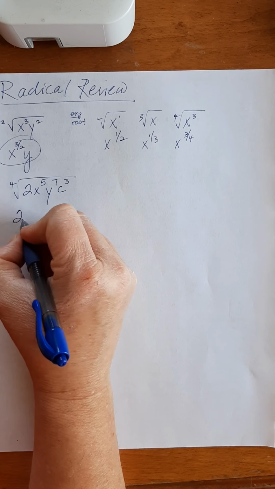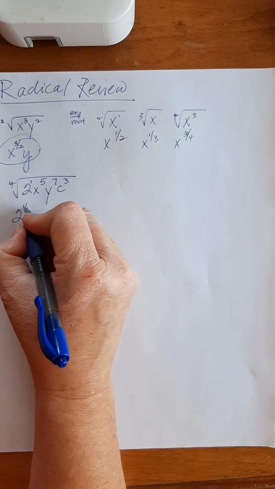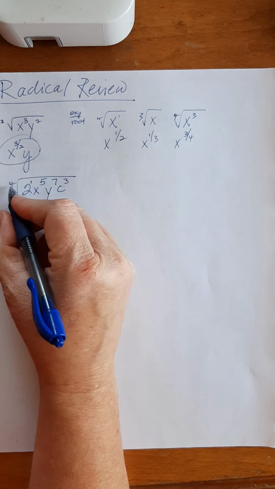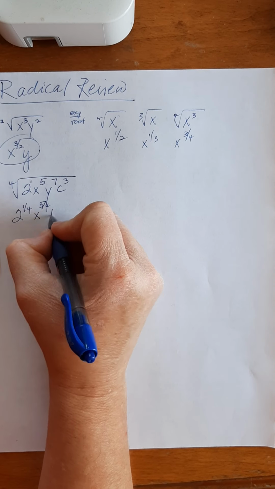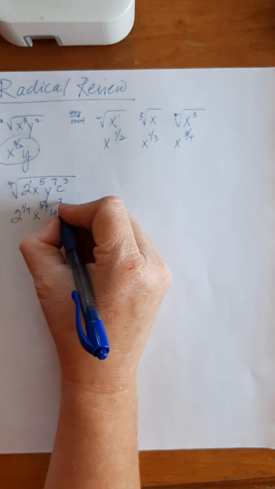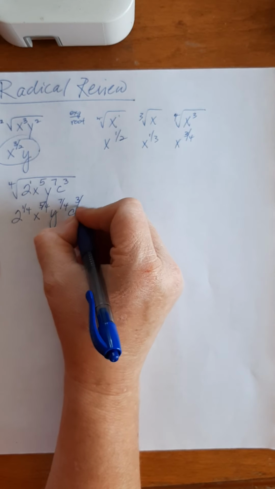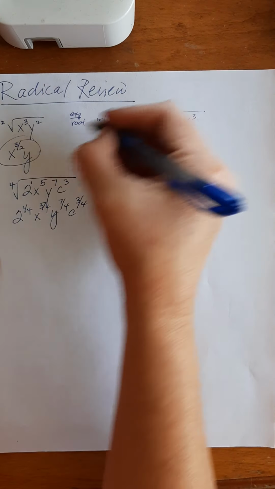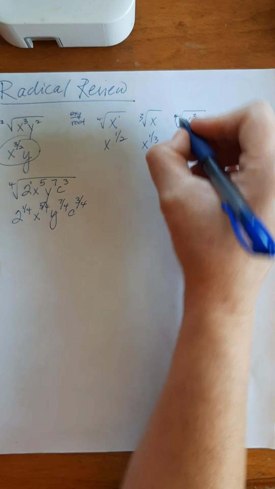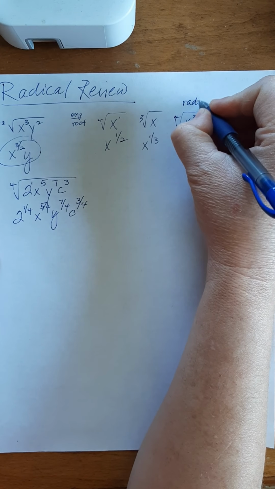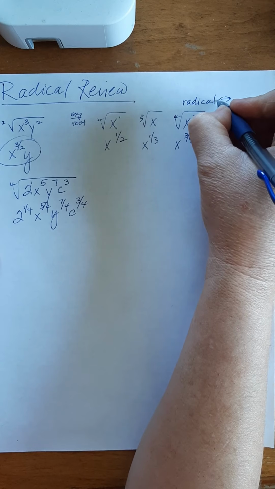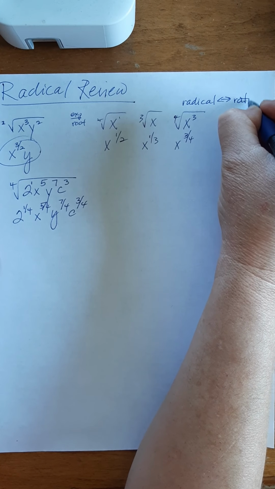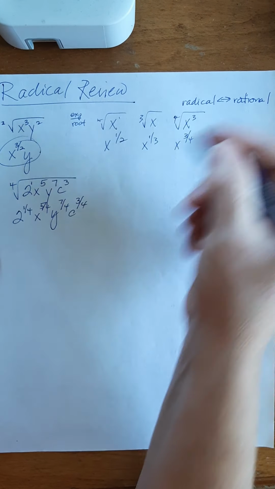That would just be 2 to the 1/4, x to the 5/4, y to the 7/4, c to the 3/4. So that's how you go from radical to rational form. Now, let's go backwards and go rational to radical.